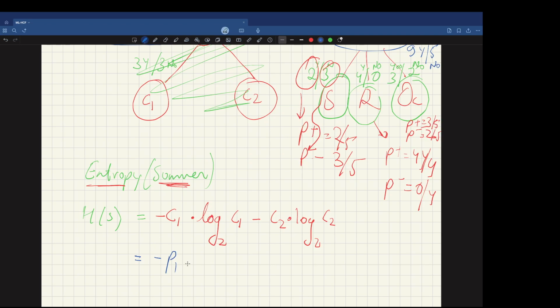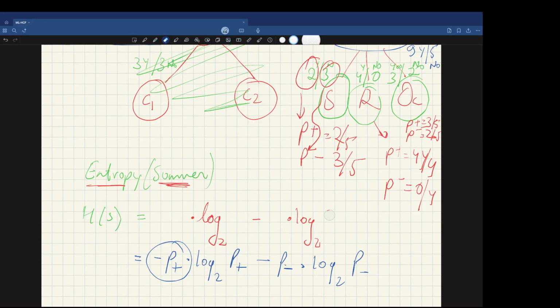So minus P positive log 2 P positive, minus P negative log 2 P negative. So what is P positive, guys? P positive is 2 by 5. So I'll replace 2 by 5 in the above formula.